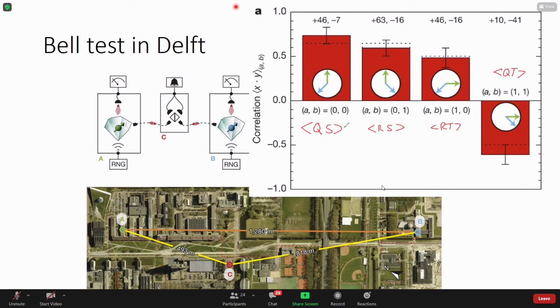And you see that now this plus this minus this, you can do the numbers yourself, but if you add them up, you will see that this actually becomes slightly larger than 2. And within the error bars that they indicate, it's also larger than 2. So they broke the Bell inequality. So you see, quantum mechanics is real.